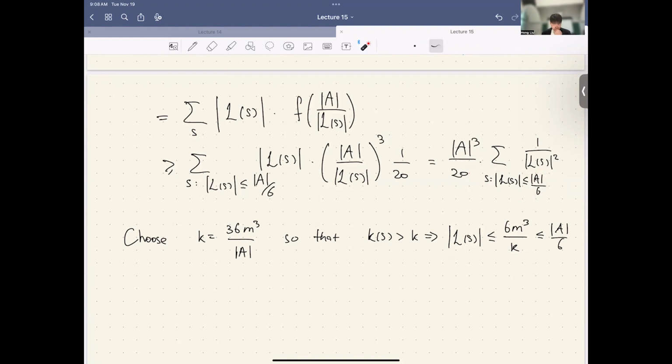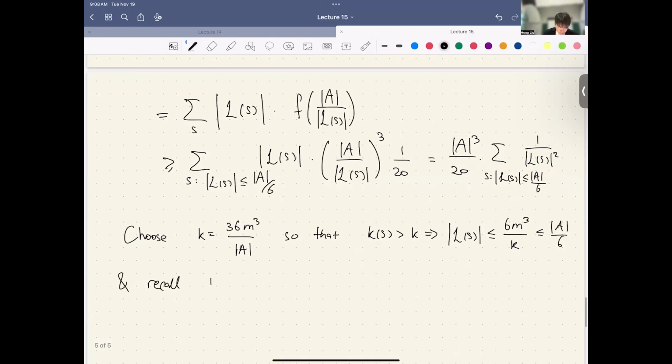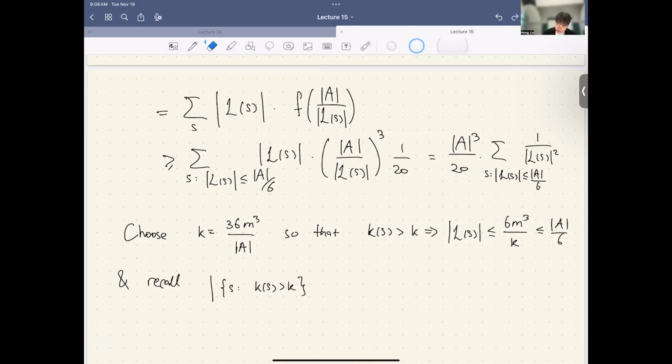Okay. Now, also recall the number of directions where the corresponding heaviest line has size K is at least M over K cubed.